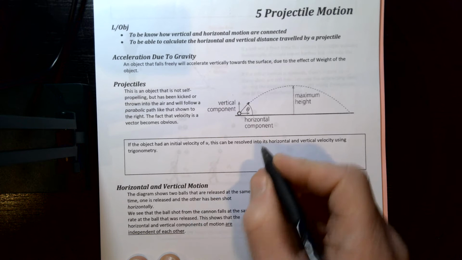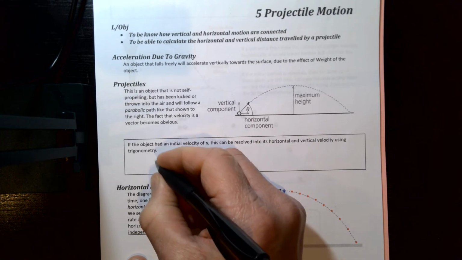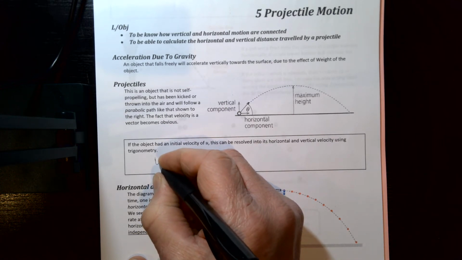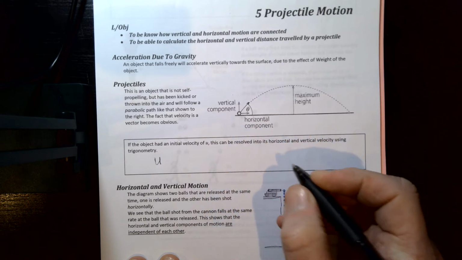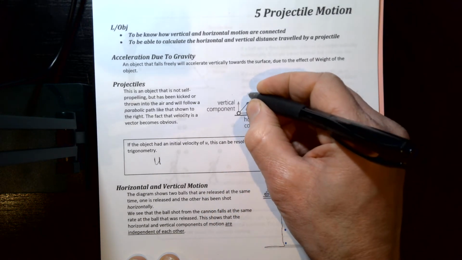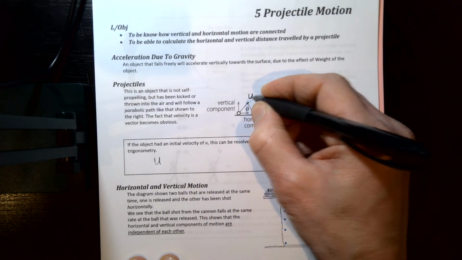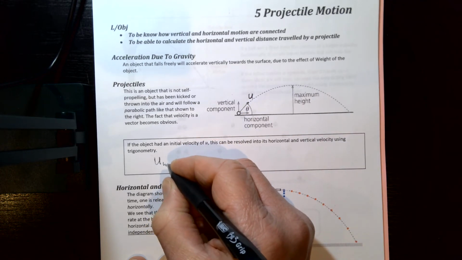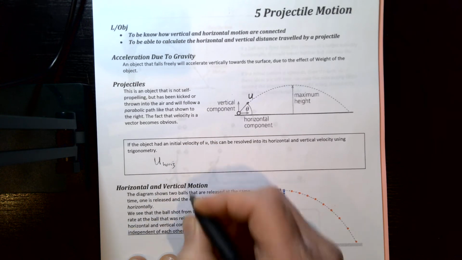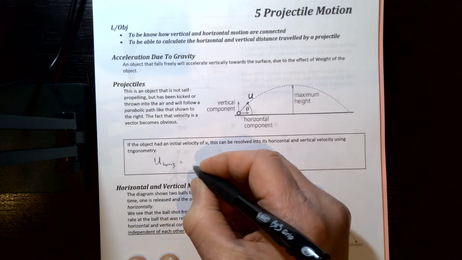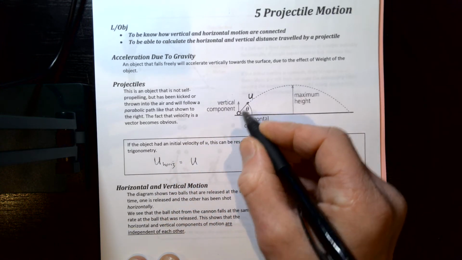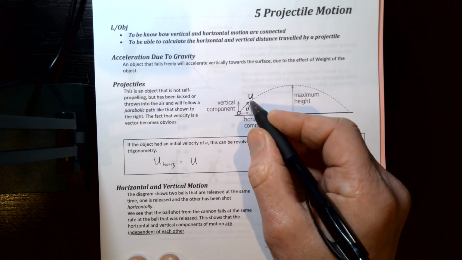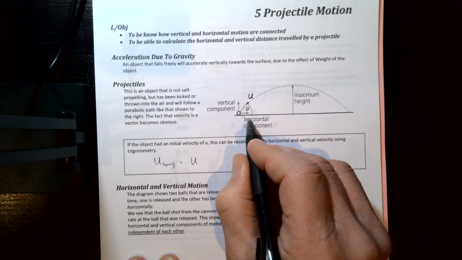In which case our horizontal component, okay, which I'm going to call U, because it's at the beginning. Okay, so here is U on my diagram, that's my initial velocity. So U horizontal, which we'll shorten to H later, is u, the multiplying factor, the hypotenuse multiplied by that direction, which is cos.